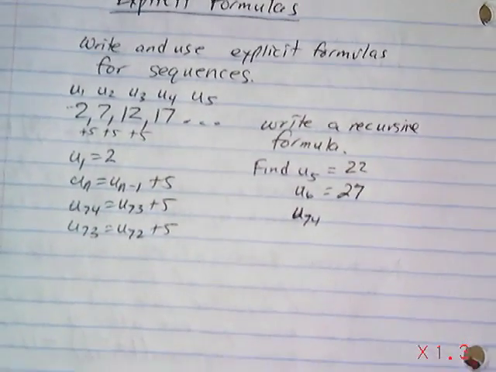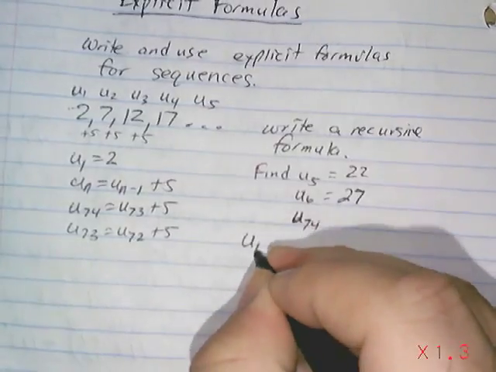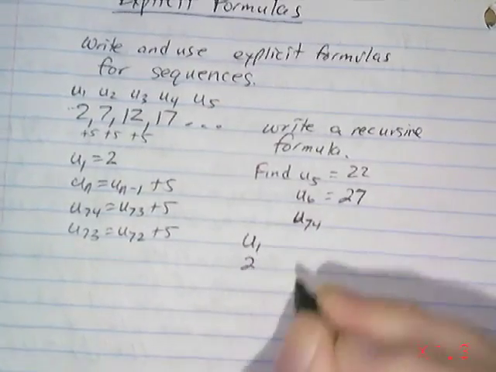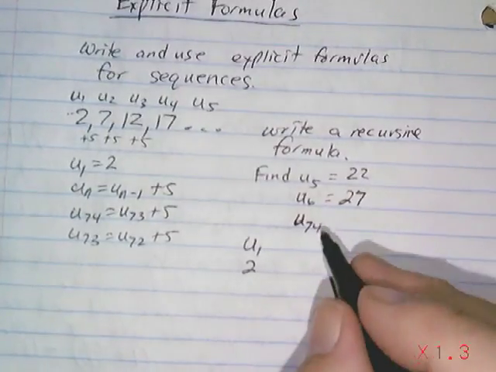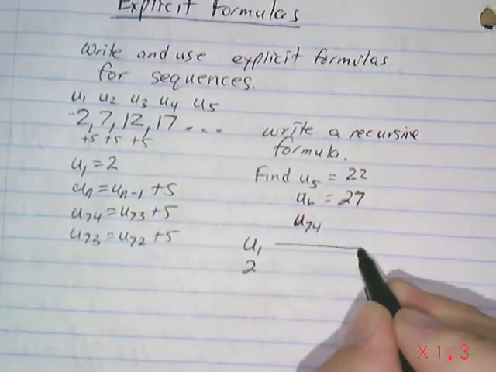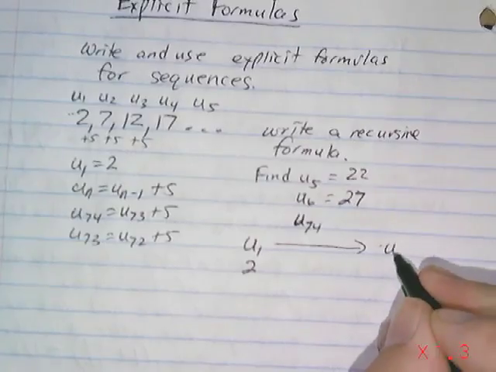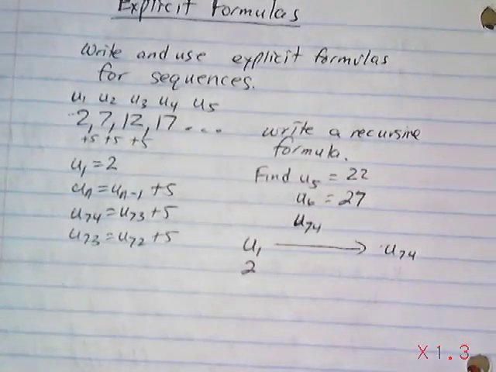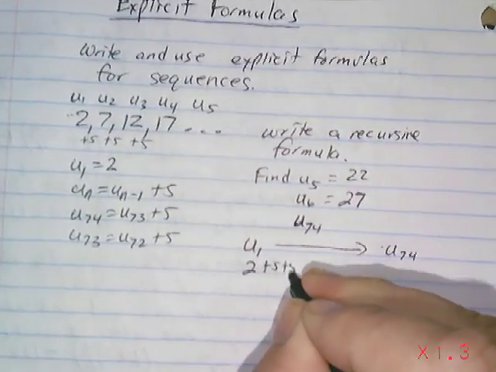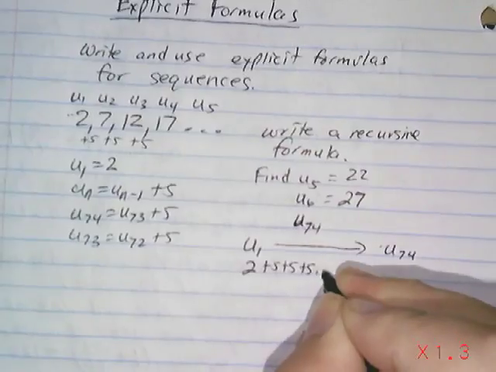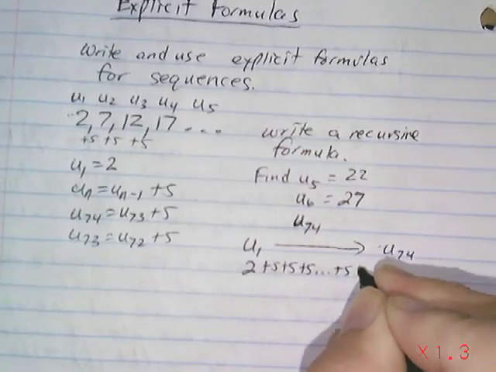An explicit formula is going to give us a way to go right from u sub 1 all the way to u sub 74 in one step. Here is our little shortcut: if I am adding 5 73 times, I can write that in a slightly different way, as 5 times 73.